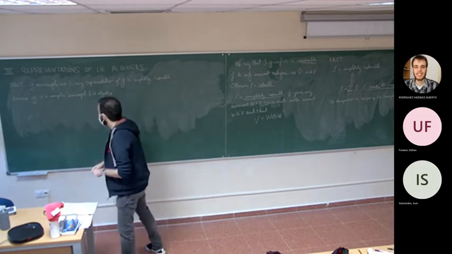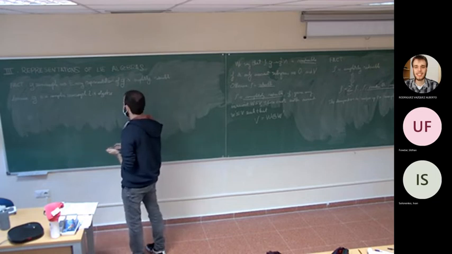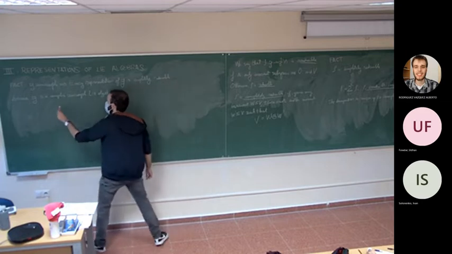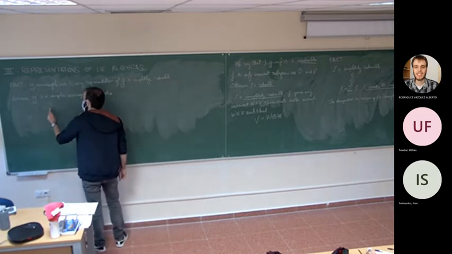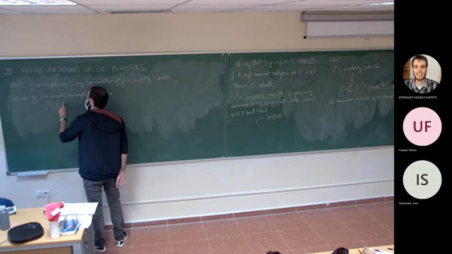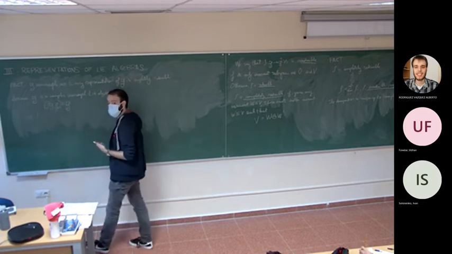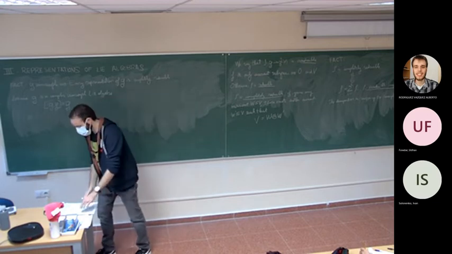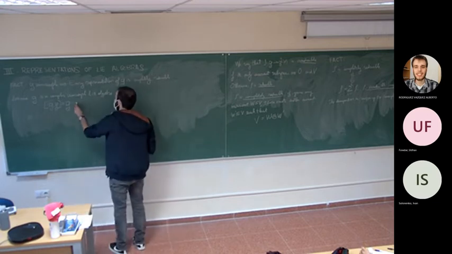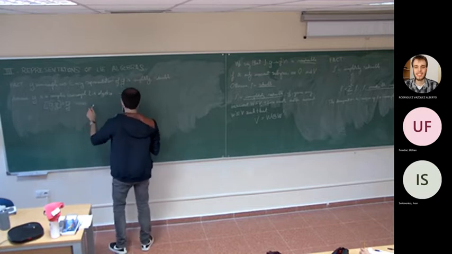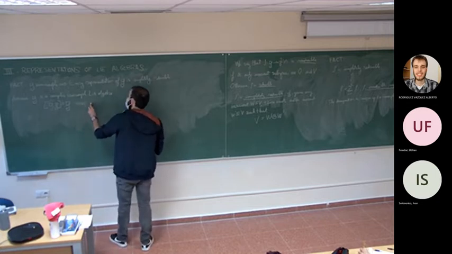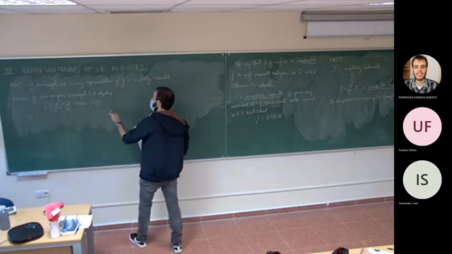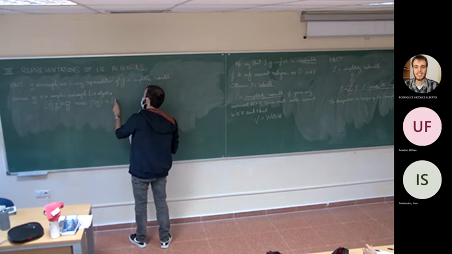So if you remember, given any complex semisimple Lie algebra, we know that the commutator of G with itself is equal to the whole space again. So if we apply the representation to both sides of the equation, then the elements of the image of the representation are also elements of the commutator.